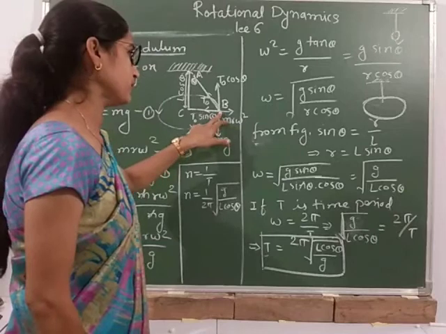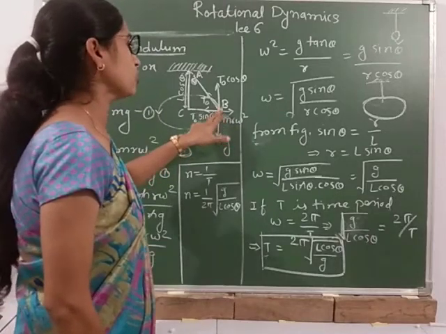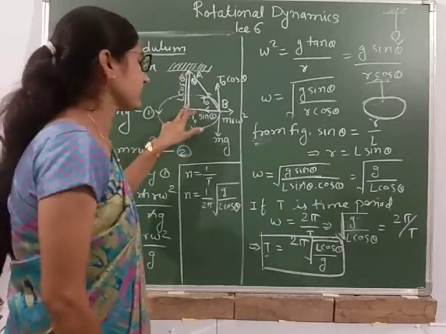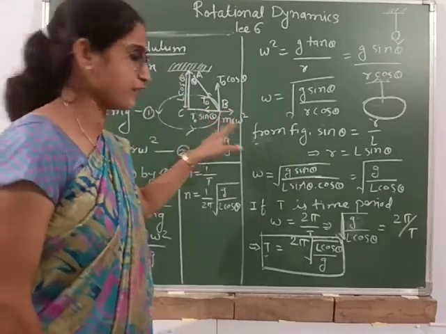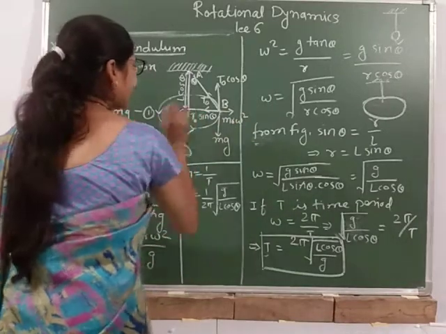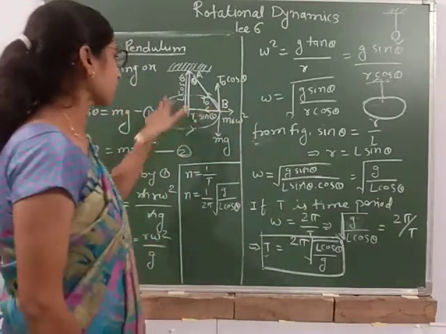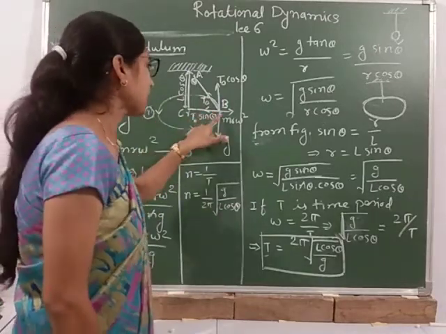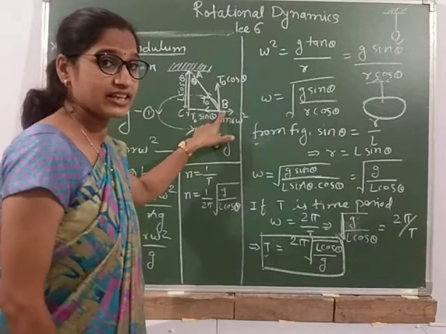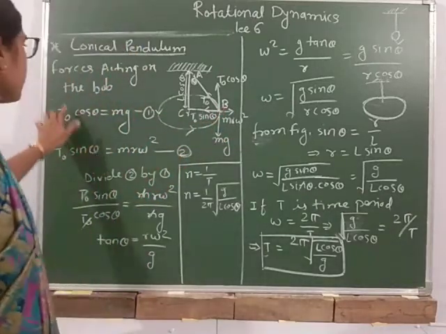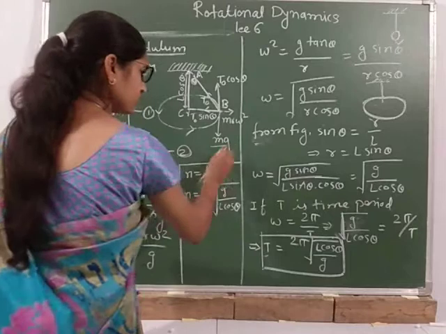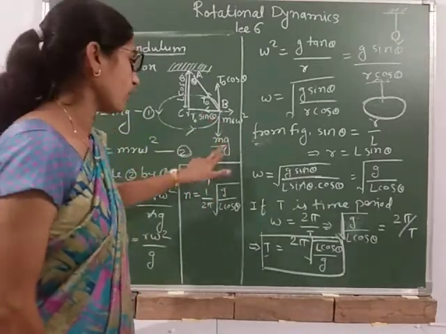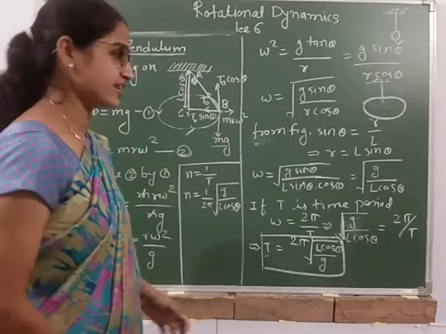So this is the point B. Now at this point B, the forces acting on this bob, whose mass is m and which moves in a circle of radius r, are as follows. It is performing a horizontal circular motion in clockwise direction. The first force is mg, the weight of the bob, which is in the vertically downward direction.